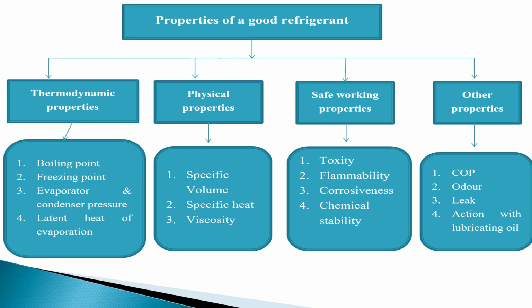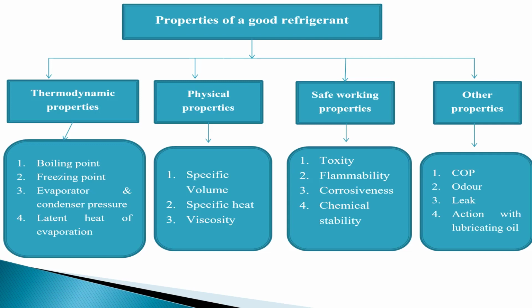Then safe working condition. It should not be toxic, because when we are using it for domestic application, pharmaceutical application and all that, it should be non-toxic. And then flammability should be low. It should not be easily flammable. Then it should not be corrosive, because we are using this in the circuits, tubes, pipelines, in the compressor, in the evaporator.